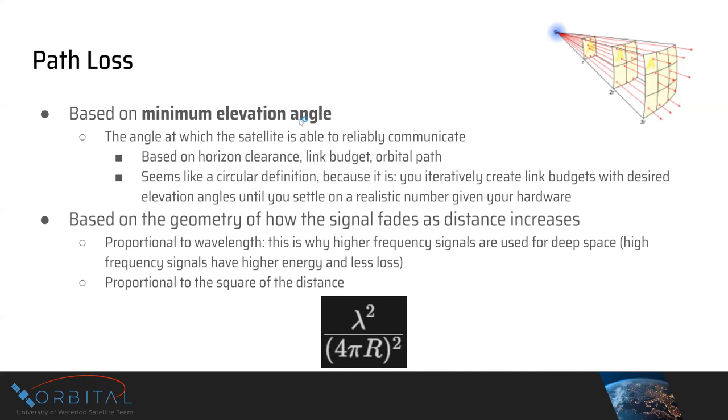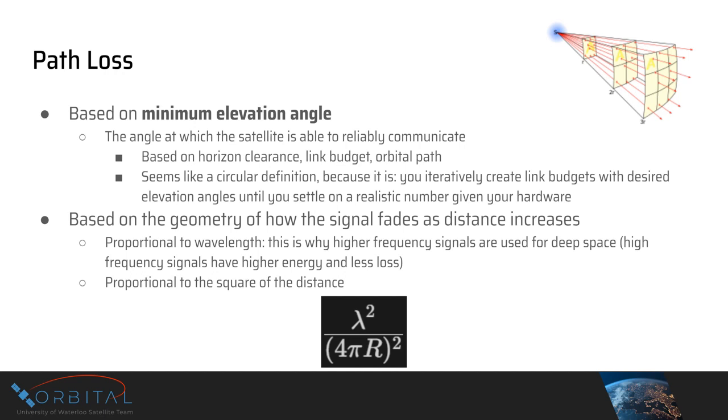Path loss is primarily based on your minimum elevation angle, which is the angle at which your satellite is able to reliably communicate with your ground station. And again, that's a bit of a circular definition, because one of the things we're trying to get out of this link budget is when are we able to reliably communicate?